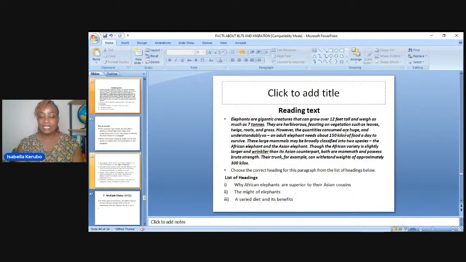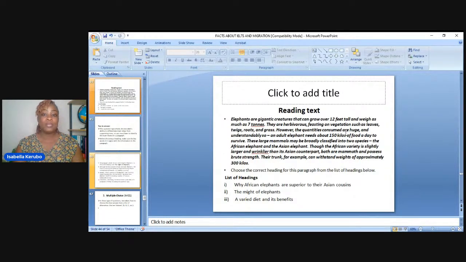Remember, when you are reading a passage or an article or a long text, each paragraph contains a theme. There's always a main theme in each paragraph. All right. So the skill that is tested here is your ability to identify the main theme in the text or in each of the paragraphs that you're given.